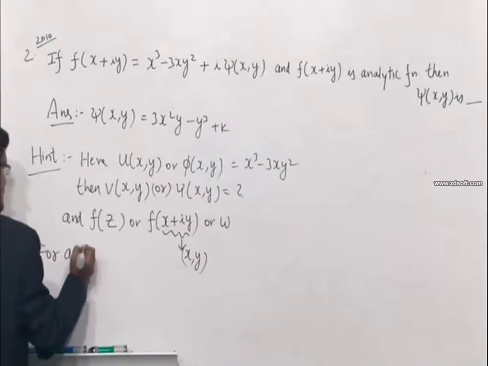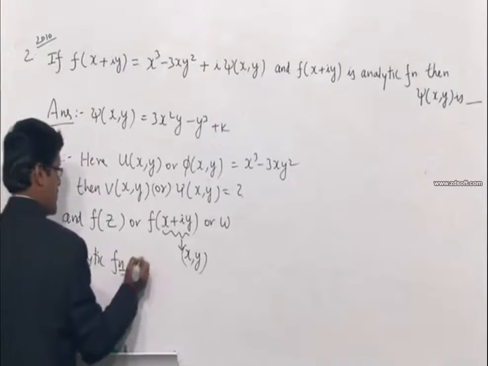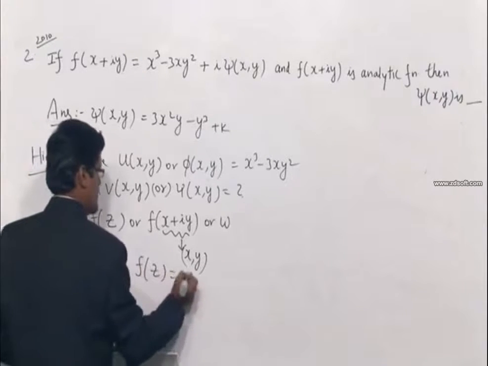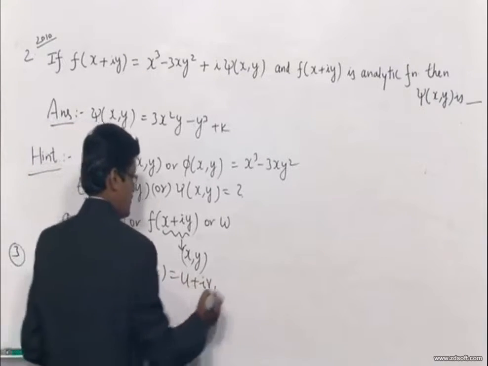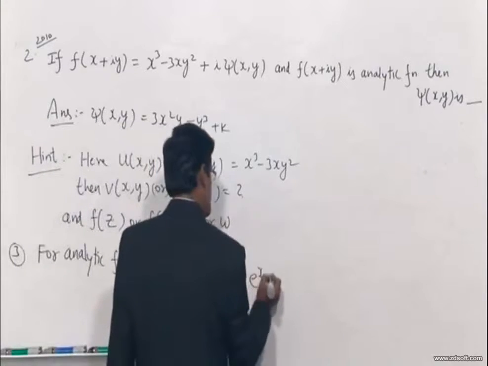For analytic function f of z is equal to u plus iv, v is equal to e power x sin y.